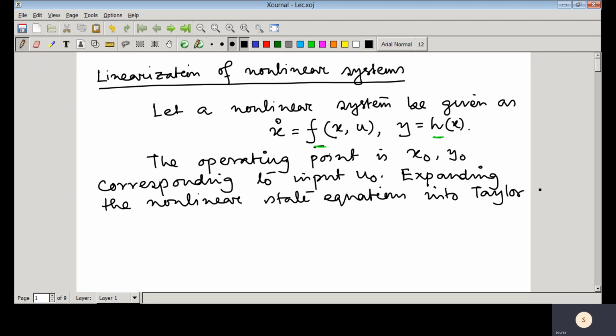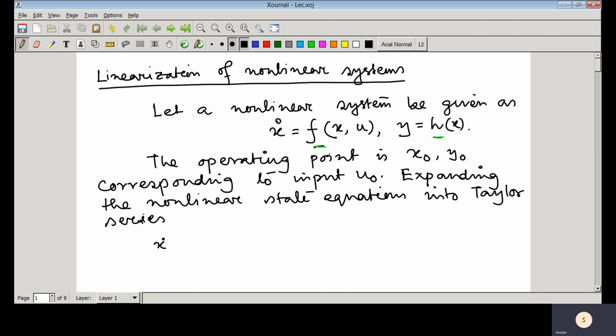I think you all know the Taylor series; you have studied it in basic calculus. So if we expand it with respect to that operating point, what do we get?